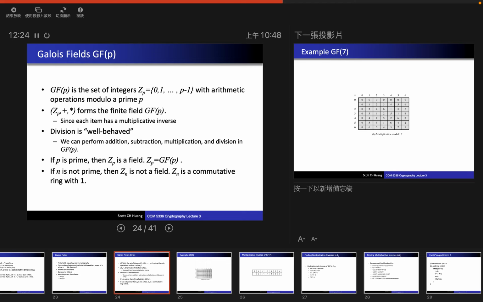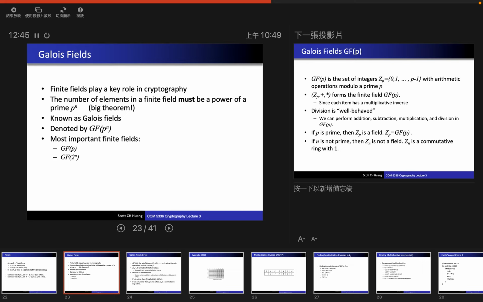Okay. For binary fields or general finite fields, such calculations are not enough. We will talk about that later, but for this moment, we can only know that for GFP, only prime fields, we can do these calculations. Okay.